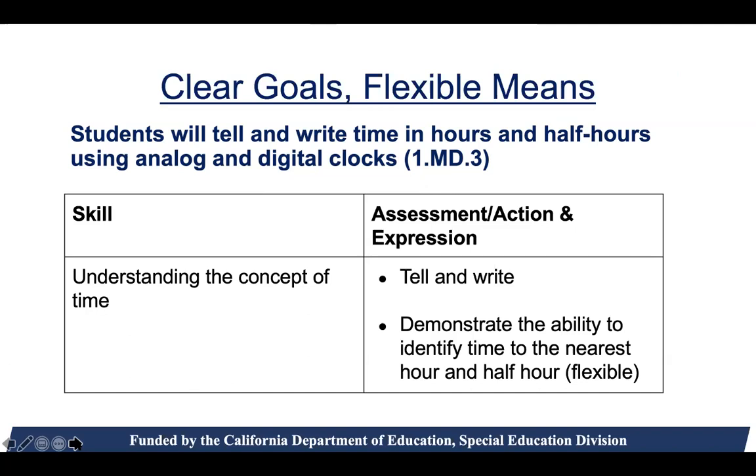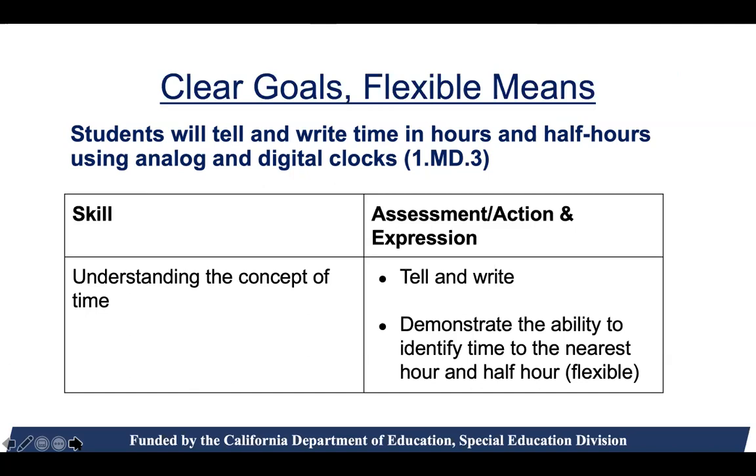What are other ways that adults can understand whether or not students have mastered the skill? They can point, they can manipulate a model, they can have a choice put in front of them and choose which is the correct time. If we don't give them options and only allow for telling and writing time, we may be assessing their ability in oral output and written expression, which is not the skill we're trying to get at.